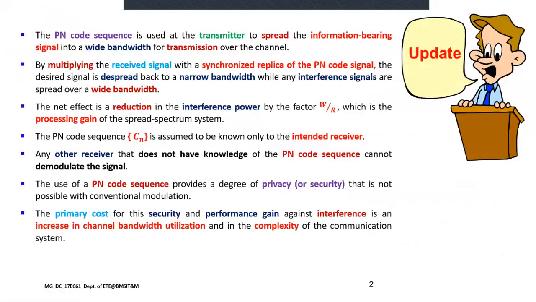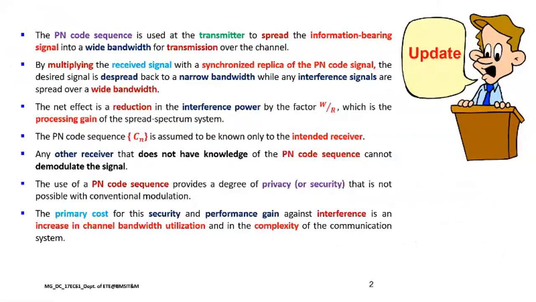Fine. So just to have an update on what I said: the pseudo noise code sequence is used at the transmitter to spread the information bearing signal into a wideband signal, which will be transmitted over the channel. The purpose is to have security.